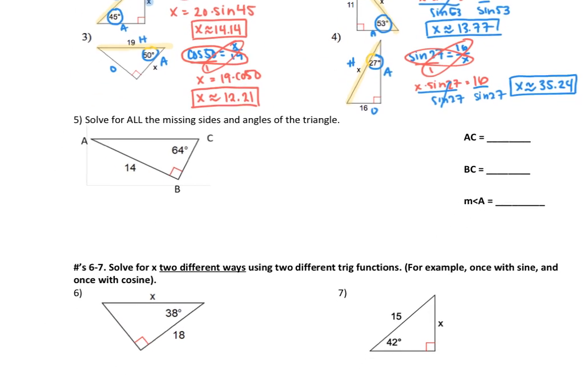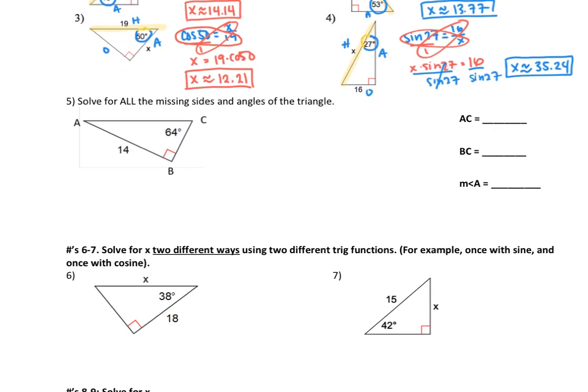All right, number 5, we're solving the whole right triangle, so we're solving for all the missing sides and angles of the triangle. A good place to start is whatever you have 2 of. So since we have 2 angle measurements, we're going to first solve for the measure of angle A, and we're going to use triangle sum theorem. So the measure of angle A plus 90 plus 64 equals 180.